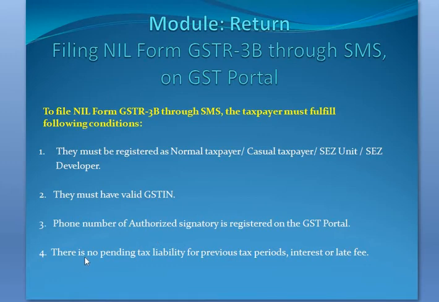The fourth one, there are no pending tax liabilities for the previous tax period, interest or late fees. There should be no liabilities for the previous period, so that you can file a nil return for the current period.